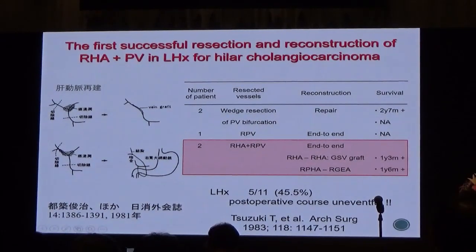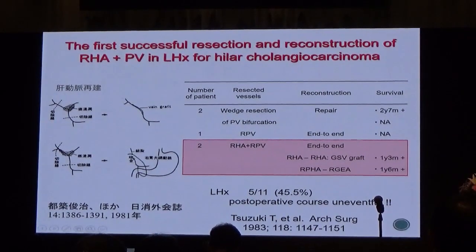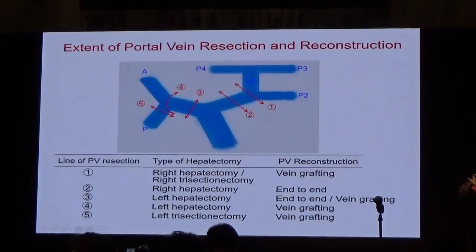And here you see the end-to-end anastomosis between the right posterior branch and the right gastroepiploic artery. Anyway, two cases survived more than one year. This is a memorial report from Japan.